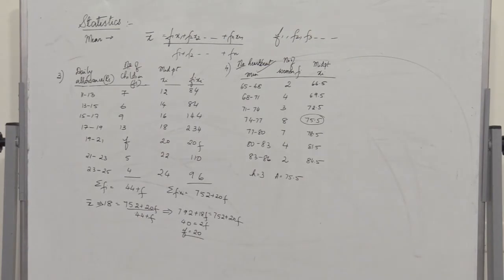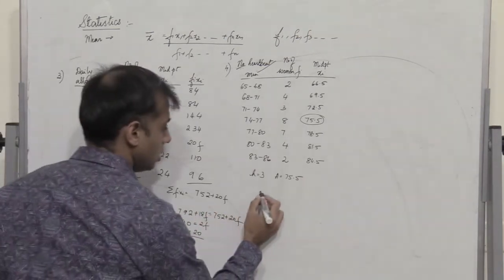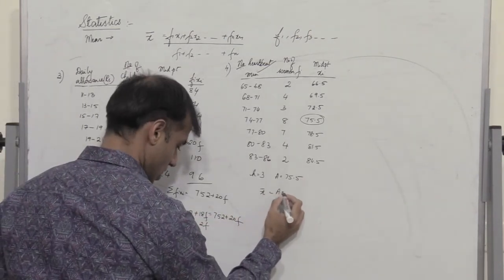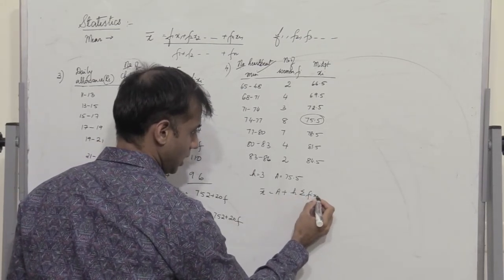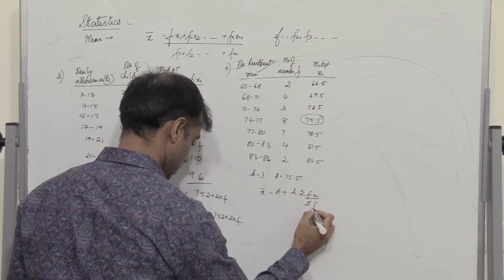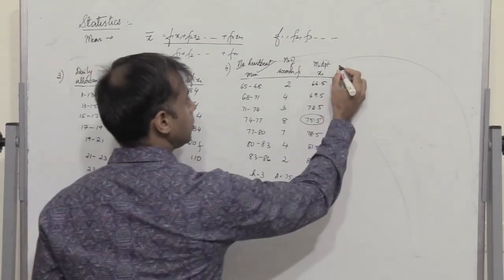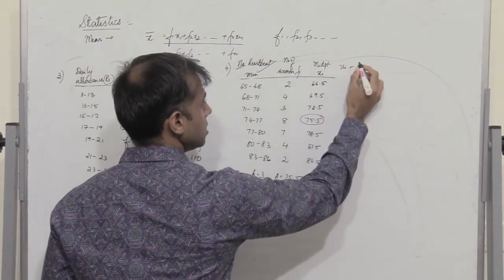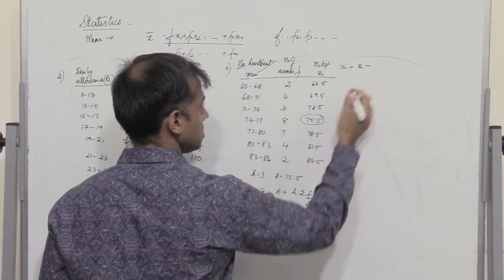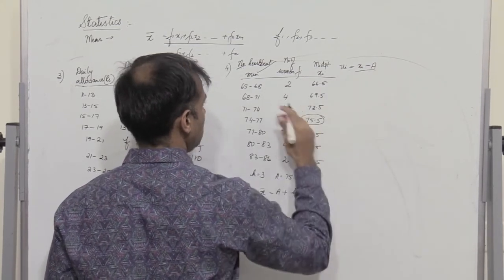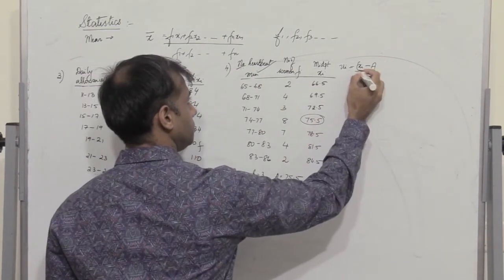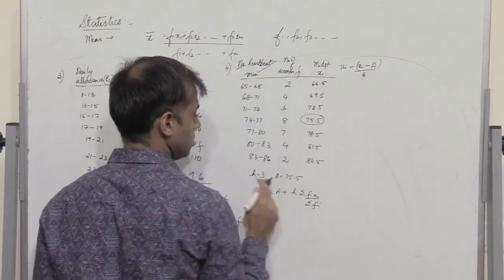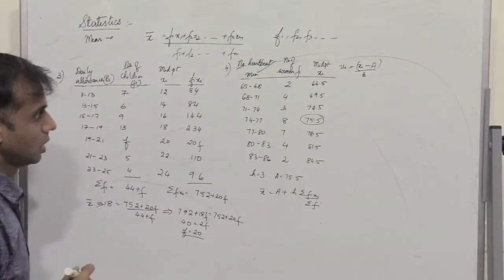We follow the same procedure here. So x dash would be A plus h into summation fi ui divided by summation fi. For that we need to find ui. Ui is xi minus A divided by the value 3, which is h, right? So h is 3 here.